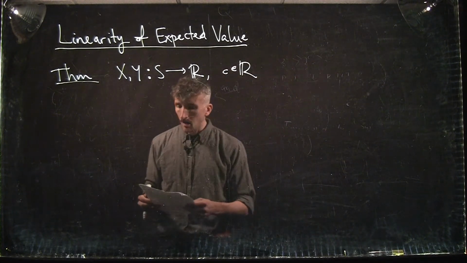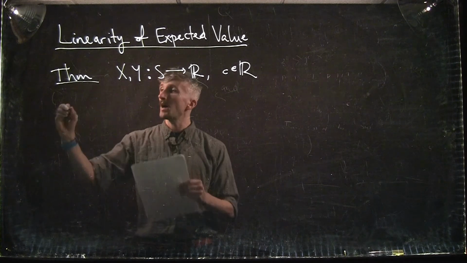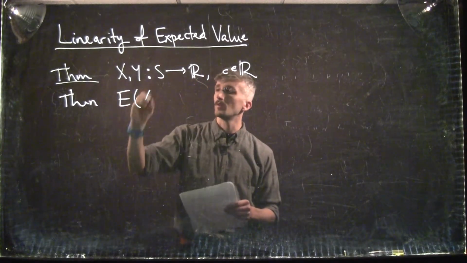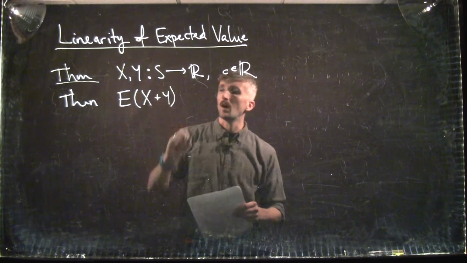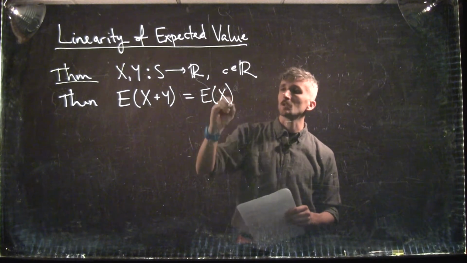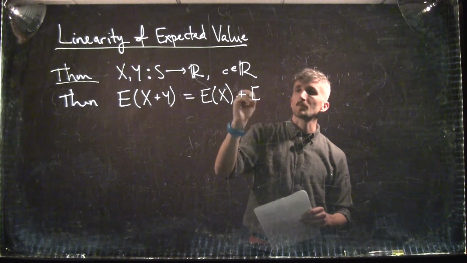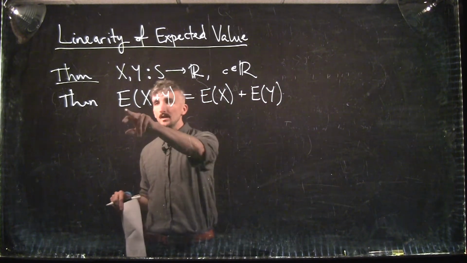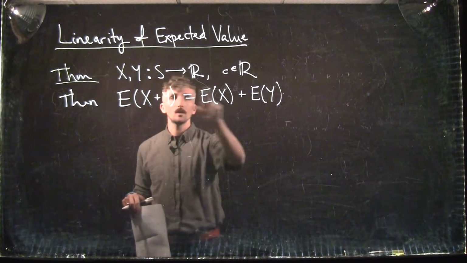Good. Then it turns out that the expected value of the sum of these random variables is the expectation of X plus the expectation of Y. So here E transforms a sum into a sum.